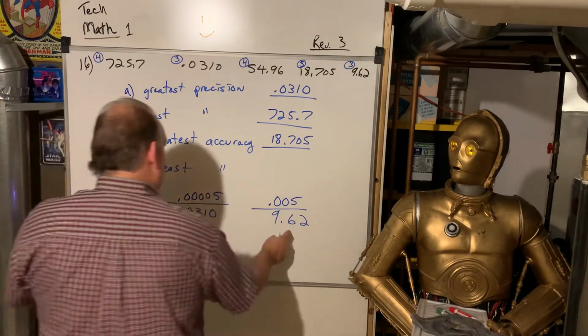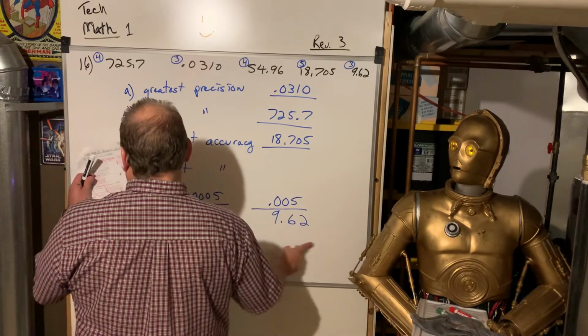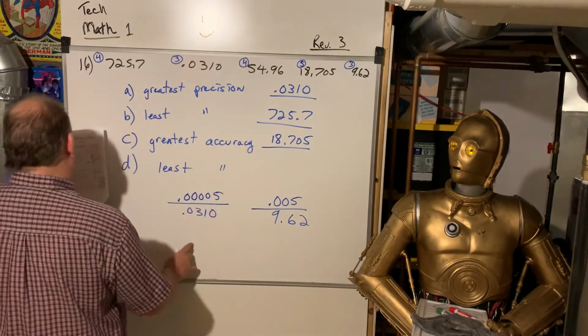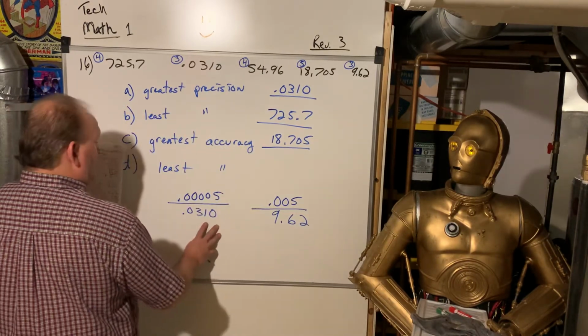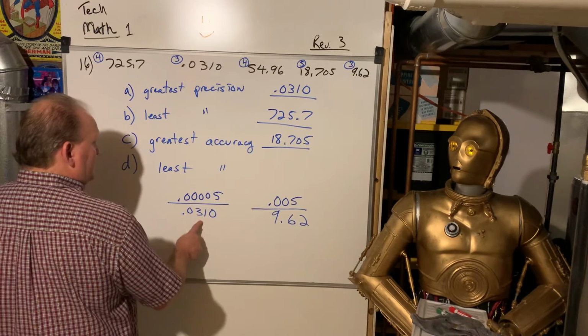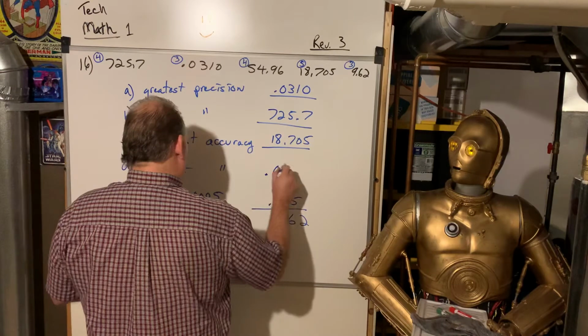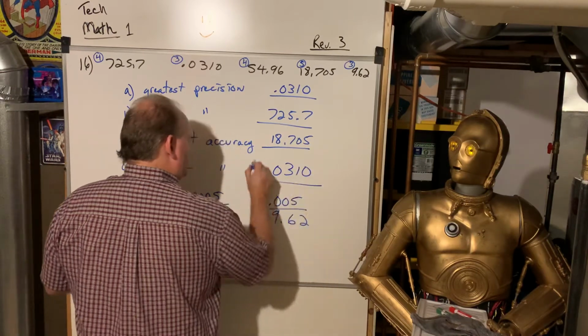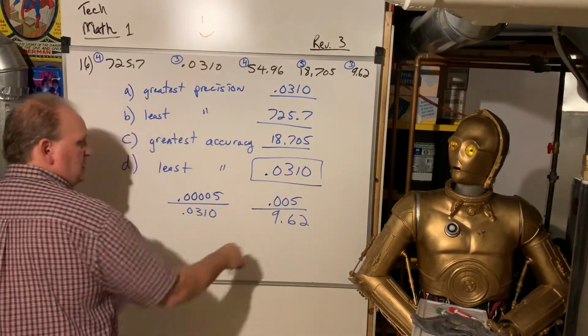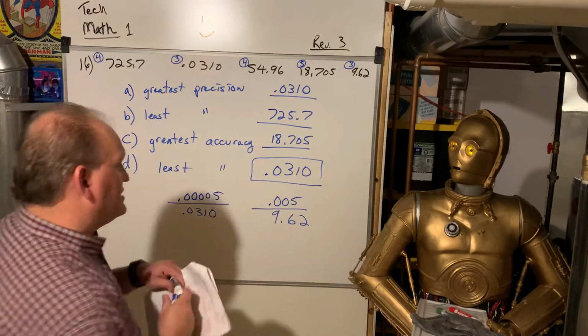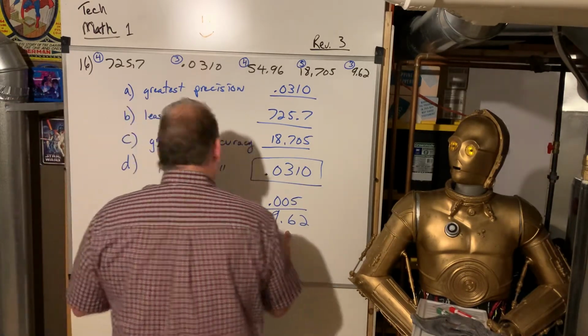So this one turns out to be like 0.000, there's like 4 zeros, and this is only like 0.00 something. So this one is actually less accurate than that one. So 0.0310.